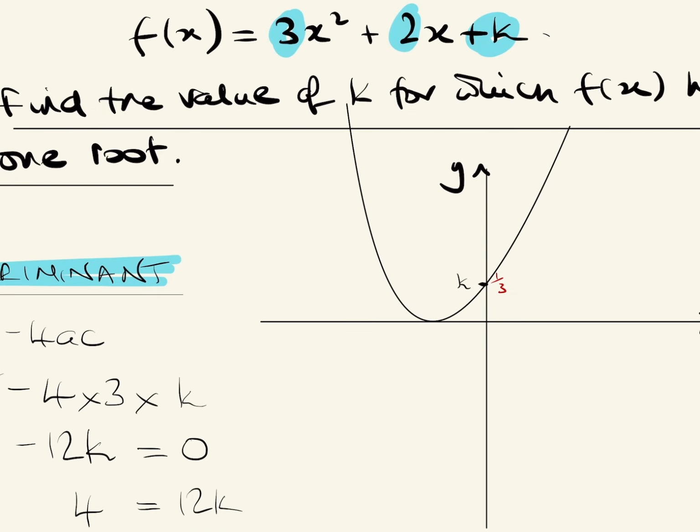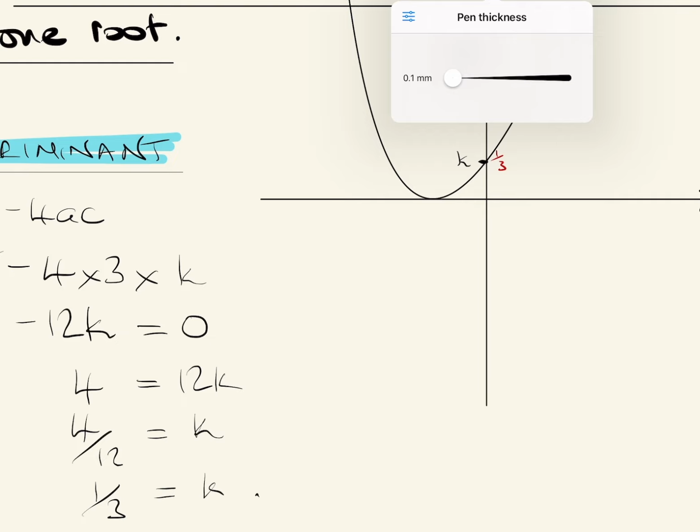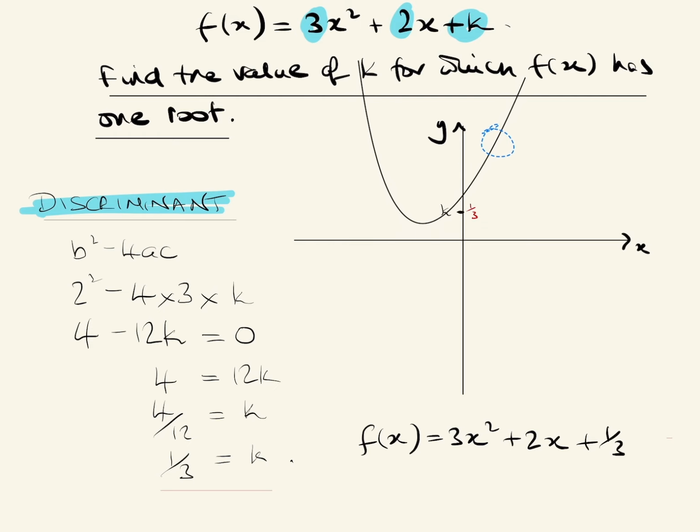So we could rewrite what we have at the top like this. We could say that therefore f of x equals 3x squared plus 2x plus 1/3 if it's going to have one real root. Now you can also see by the same token that if it was going to have no real roots, then it would be above, and therefore k would have to be more than 1/3.